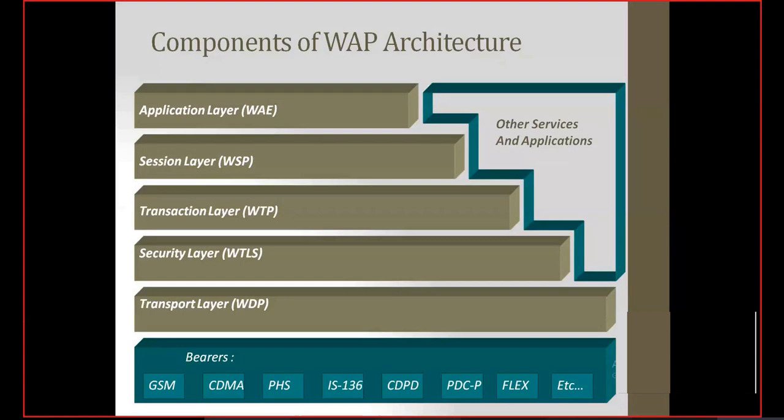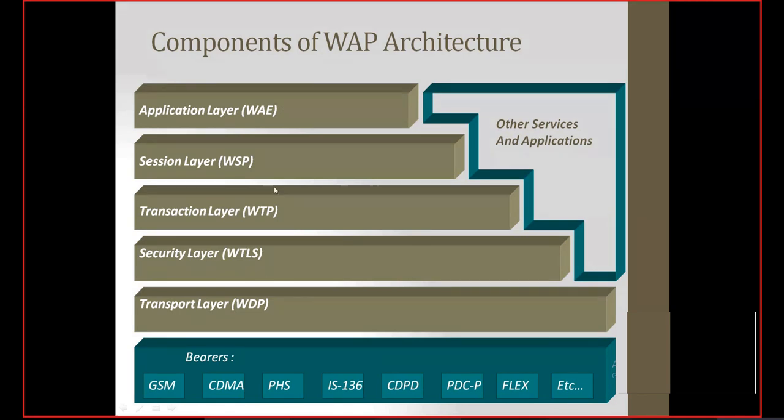This is how the architecture is, but we are going to focus on the first layer, that is the application layer, the wireless application environment, because the content development part for handheld devices is done at the application layer.